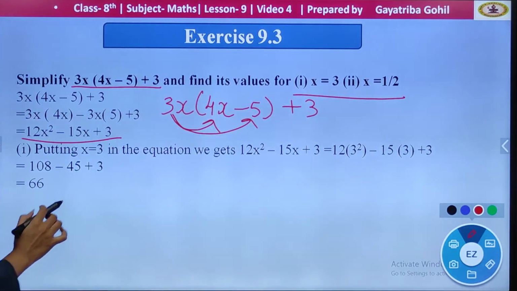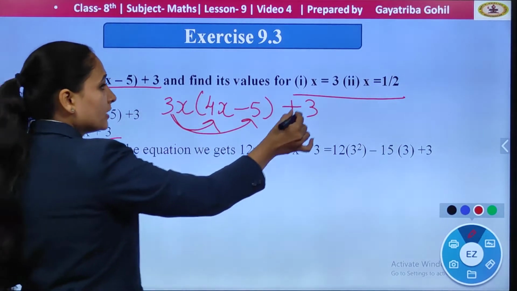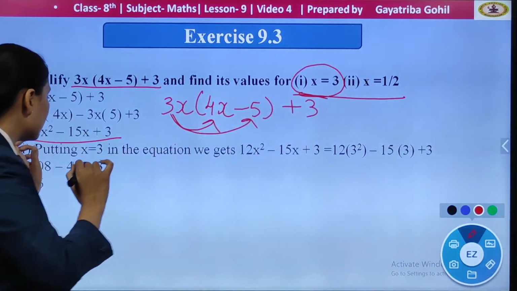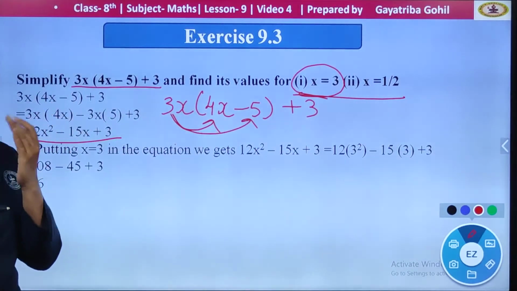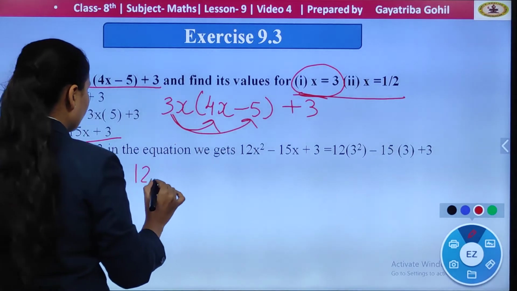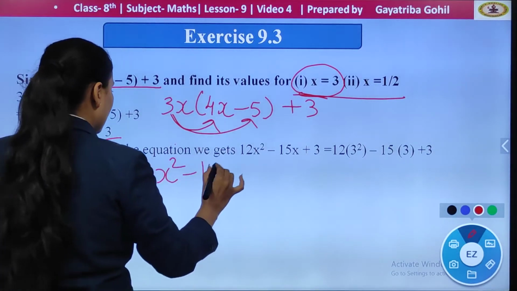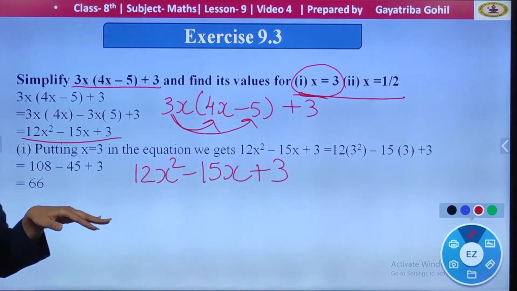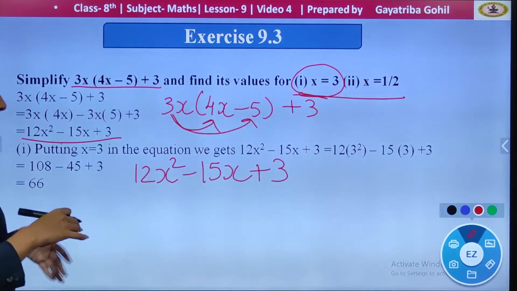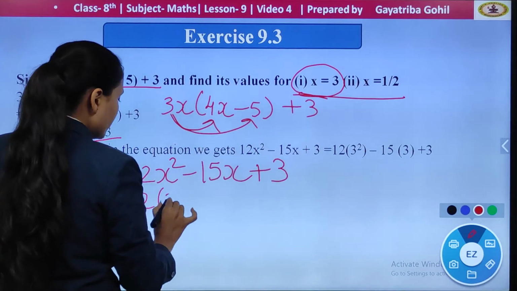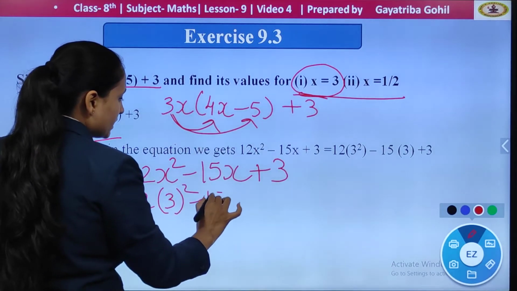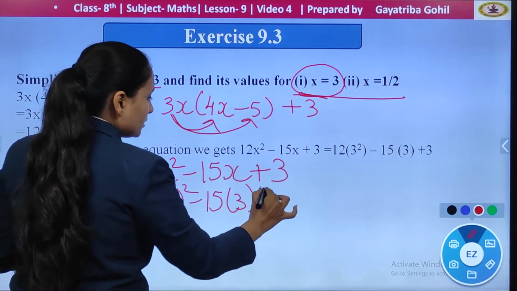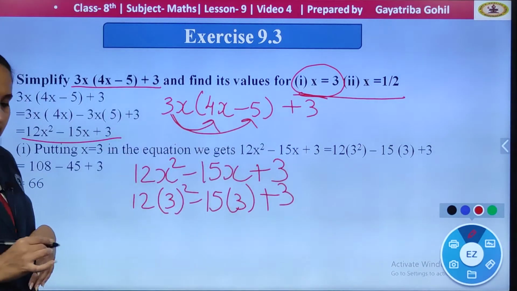Now, we want to insert the value of what? x is equal to 3. So, in this expression wherever you have x you will put 3. Over here I have 12x square minus 15x plus 3. So, wherever there is x you have to put 3. 12 into 3 square minus 15 into 3 plus 3.